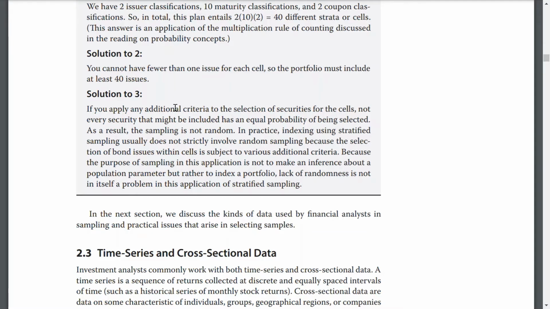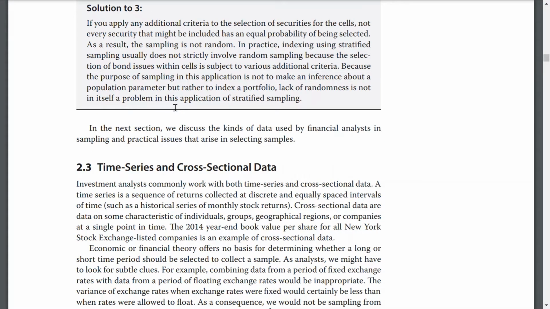In practice, indexing using stratified sampling usually does not strictly involve random sampling because the selection of bond issues within cells is subject to various additional criteria.